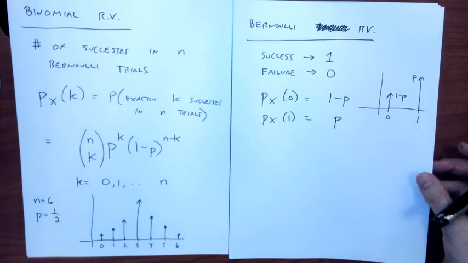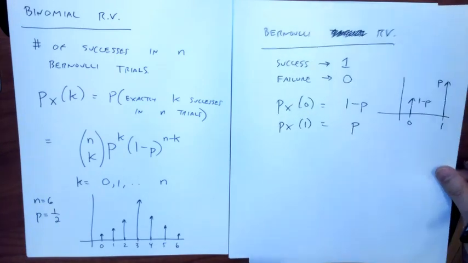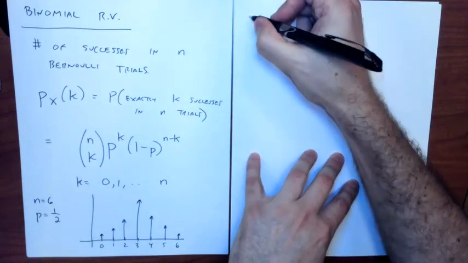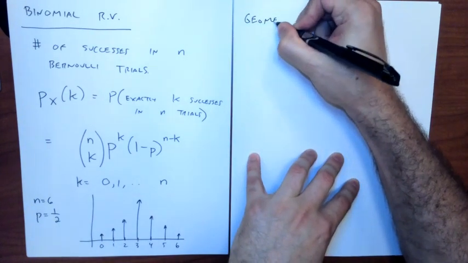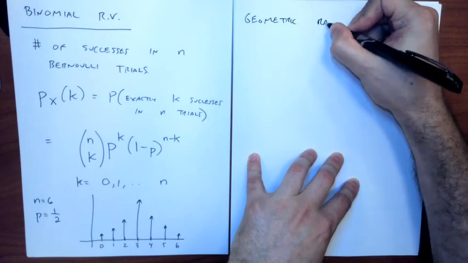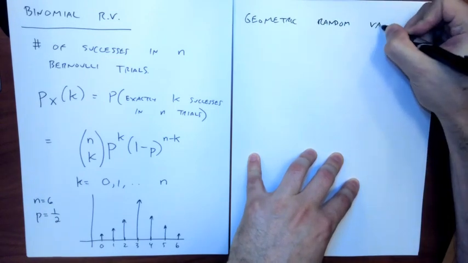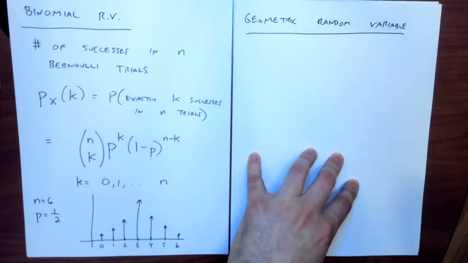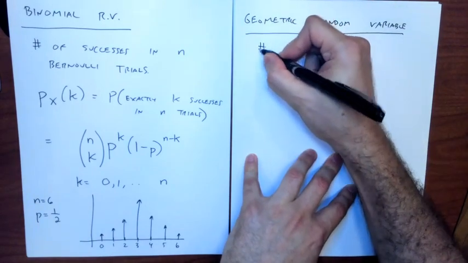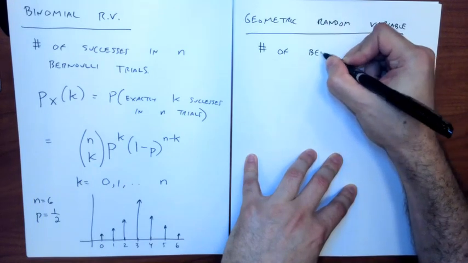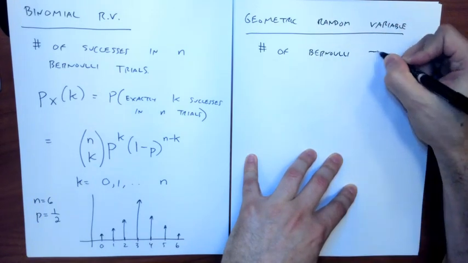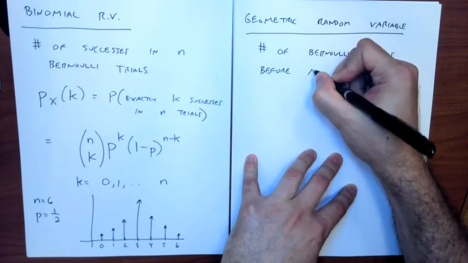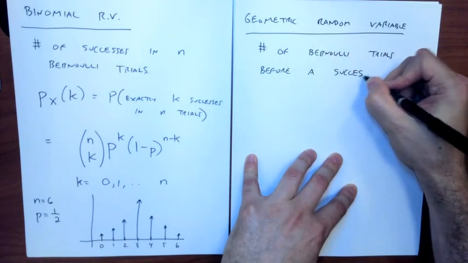And then the other thing that we talked about was the idea of flipping the coin until something happens. So a geometric random variable is basically the number of Bernoulli trials before a success.